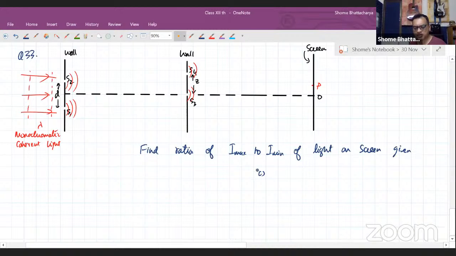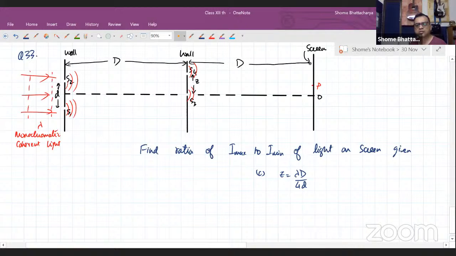The C part is that the value of Z is equal to lambda D by 4d, 4 times small d. And of course, the most important detail here is that this distance capital D and this distance capital D are the same. And of course, capital D is very large compared to lambda. Capital D is very large compared to small d.